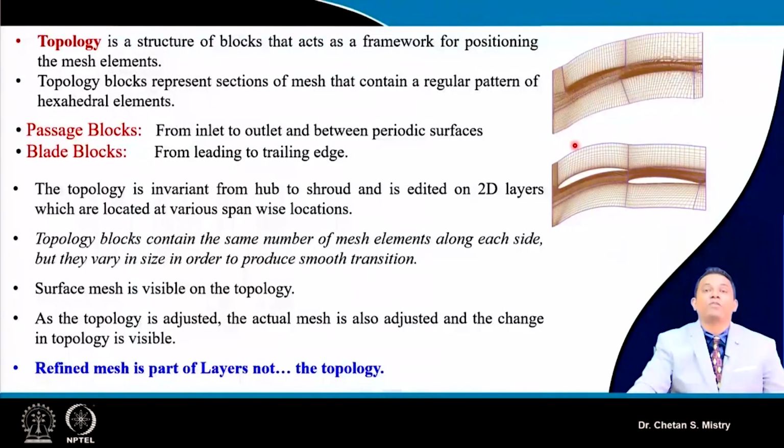Whatever tool we are using, it helps if we have a thorough understanding. Suppose this is one of the challenging aspects, the tandem bladed rotor, which we were discussing in week 3 also. In this case, my interest is near my leading edge, what flow is happening. In the same way, the leading edge of my second blade and the trailing edge, or the exit of my first rotor blade, is of my interest.